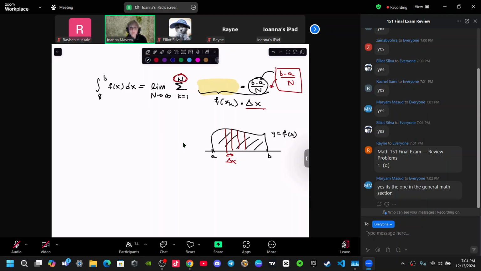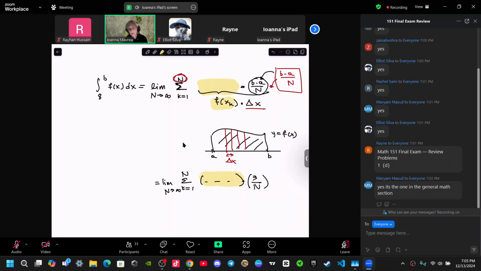So you do have something like that in what's given to you. What's given to you is a limit, a sum, and a bunch of stuff. And then you have 3 over n.